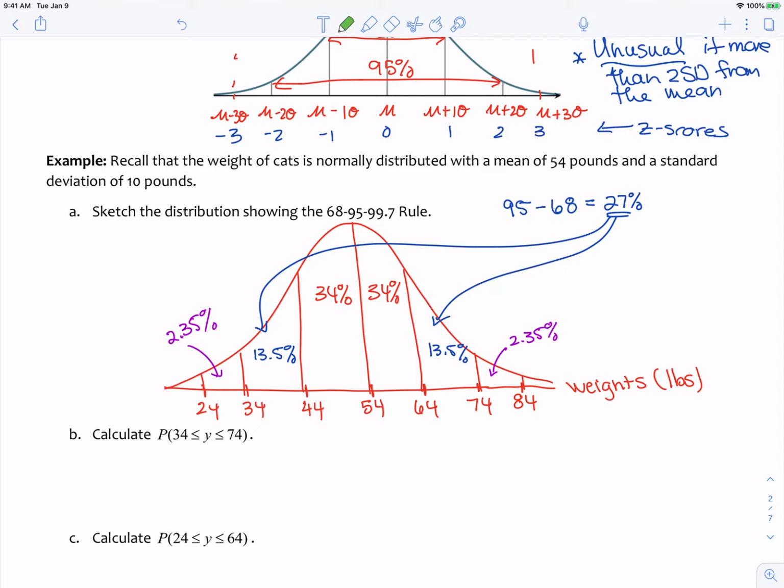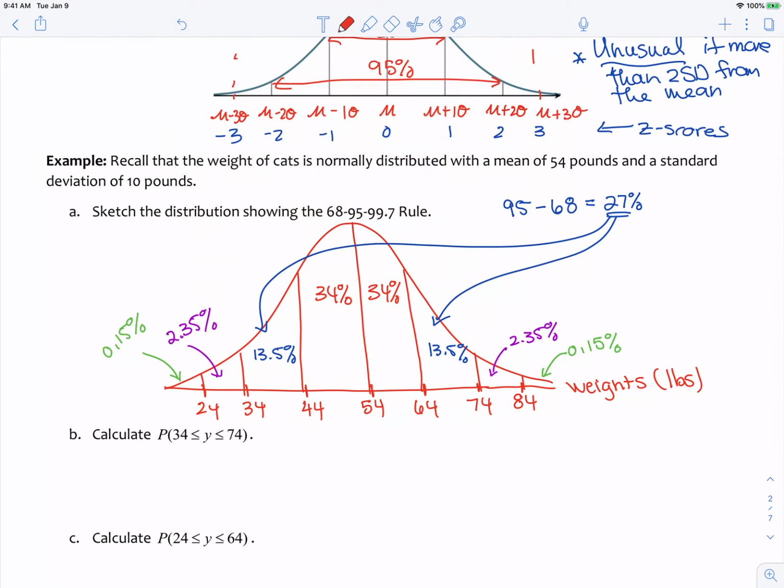We know that 99.7% is taken up between the -3 and +3 standard deviations from the mean. We know that the whole curve is 100%, so we have that 0.3% that we can split for those final little tail bits. And so 0.15% over here and 0.15% over here. And when we add all those up together, we should get to that 100%.